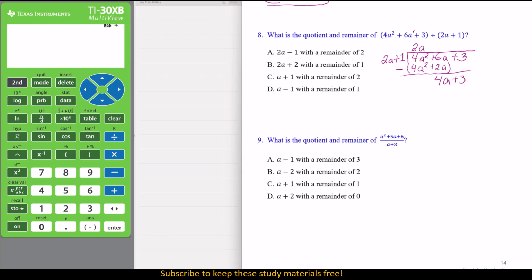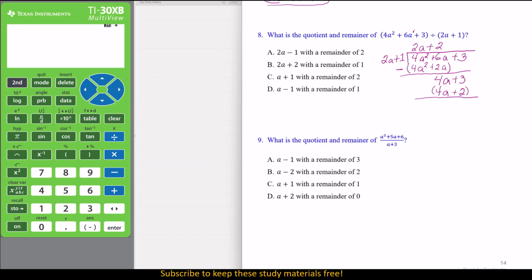Now I need to say, okay, what do I multiply 2a by to get 4a? Well, that is a positive 2. So 2 times 2 is 4, and then there's the a, and then 2 times 1 gives me a plus 2.